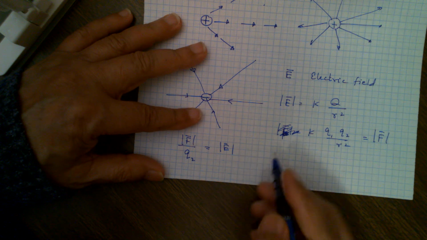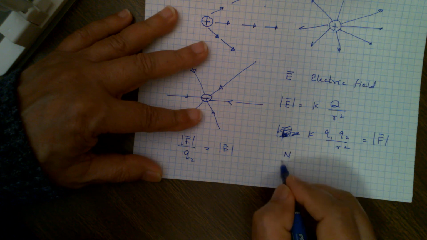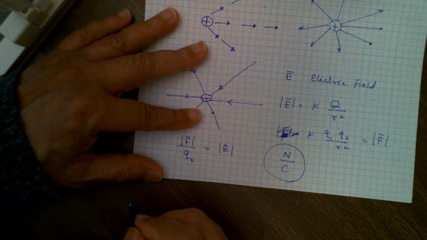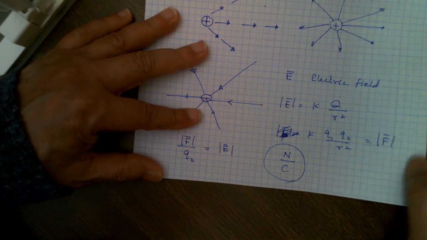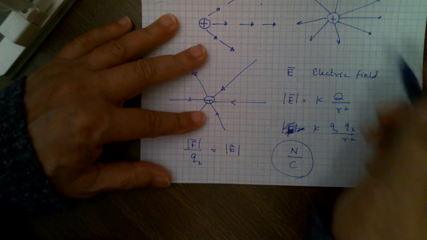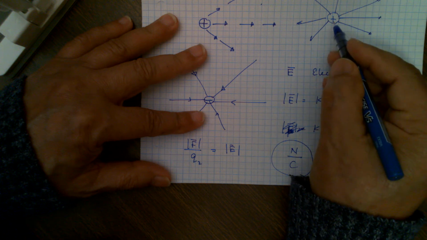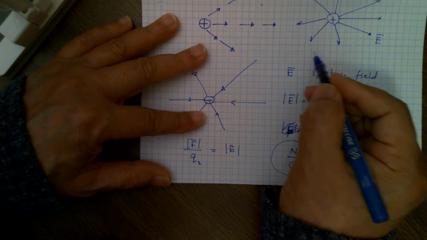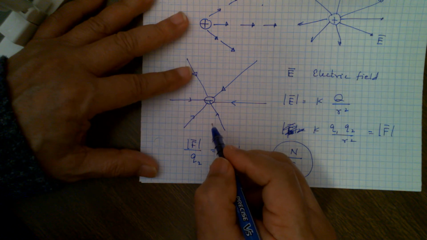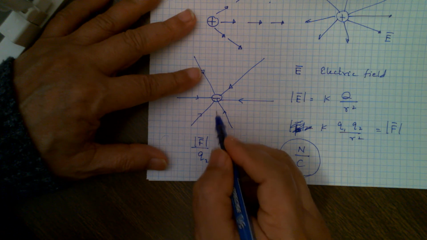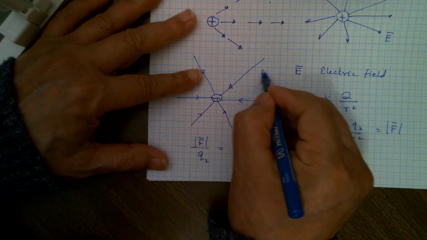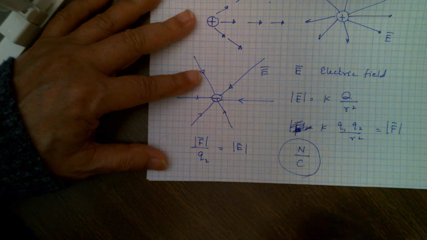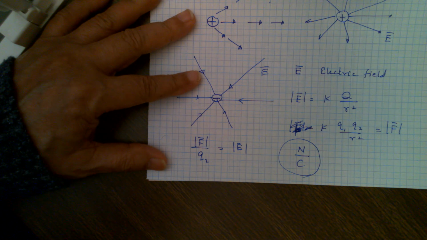And it will be given by newtons per Coulomb. So that will be the unit for electric field. And the direction of the electric field coming out from a positive charge will be away from the charge, and the direction of the electric field from a negative charge will be towards the charge. So that's all you have to remember. All right? Okay, so we'll stop here.